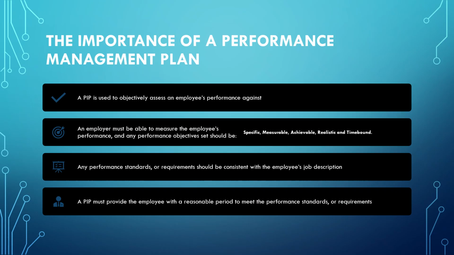The PIP must provide the employee with a reasonable period of time or opportunity to meet the performance standards or requirements, and like I said before, that's often going to take a period of months. It is a performance management process, so it requires quite significant effort on behalf of the employer, including all the various steps and requirements that go into this process.